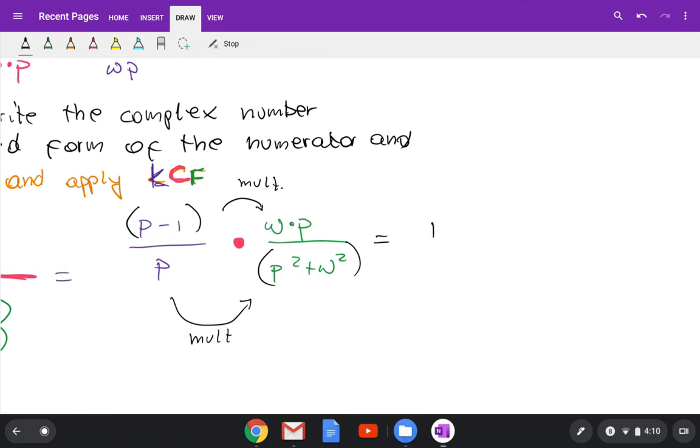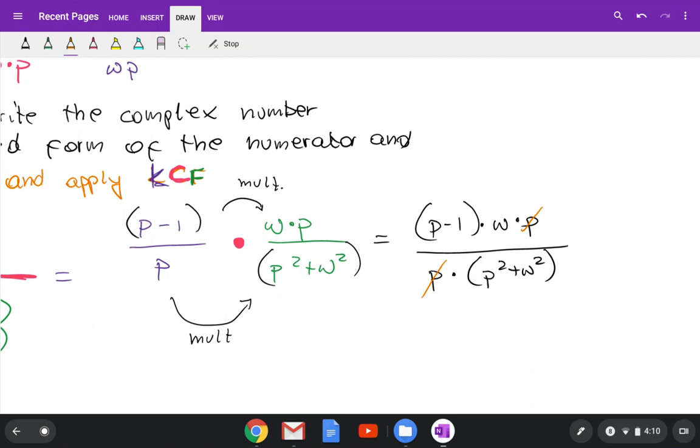So we have p minus 1 times w times p over p times p squared plus w squared. Since you have a multiplication, you're ready to cancel repeating factors. The repeating factor is p, and technically that's it. There's nothing else you can cancel.